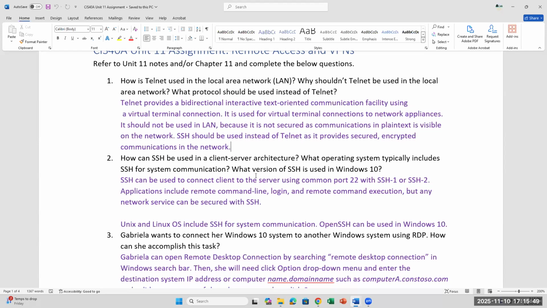So what we can do is we can utilize SSH to connect the client to the server. And as long as, like I said, having that port established or enabled, SSH uses port 22, whereas Telnet uses port 23. So if you enable port 22, you can use SSH1 or SSH2.